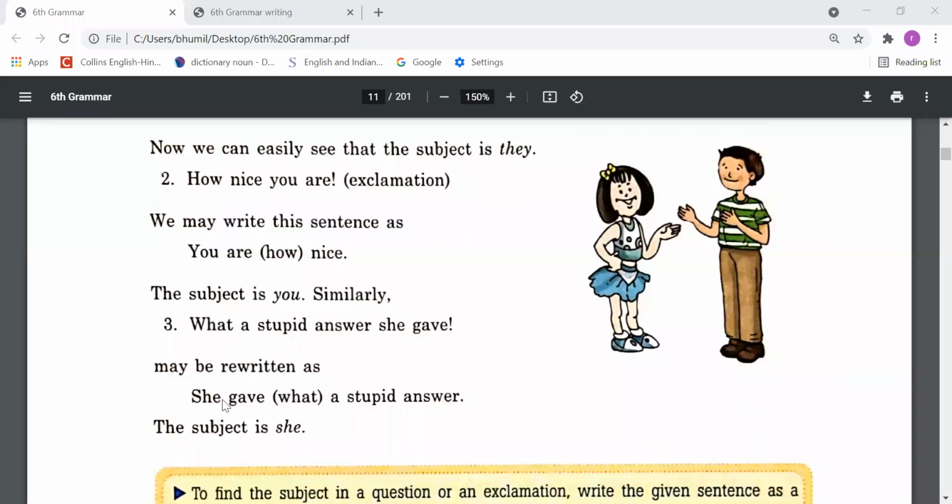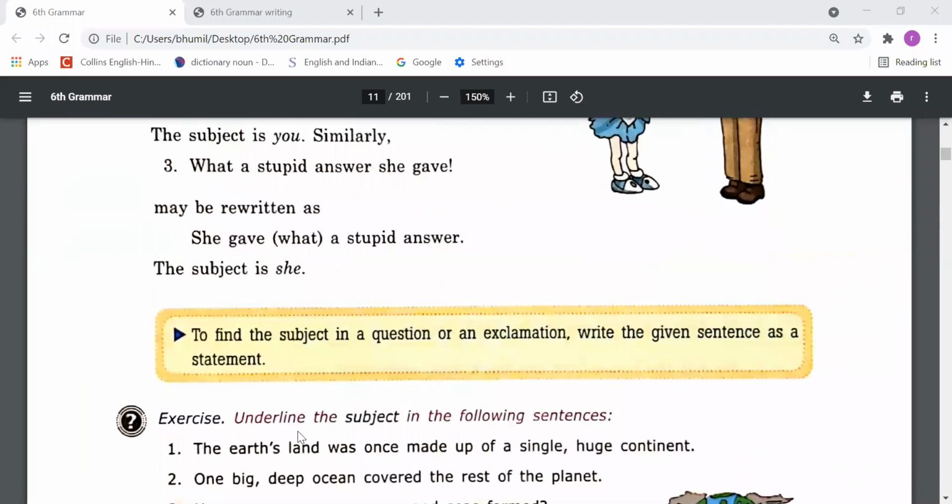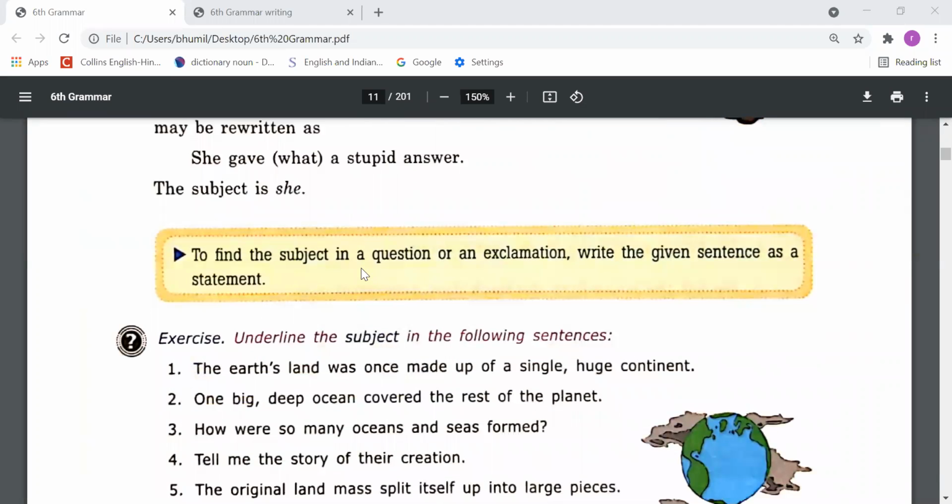Now you can see that she is our subject. To find out the subject in a question or an exclamation, write the given sentence as a statement. So if a sentence is exclamatory or interrogative, you should write that sentence as a statement, meaning in assertive formation. Then you can find the subject at the beginning.